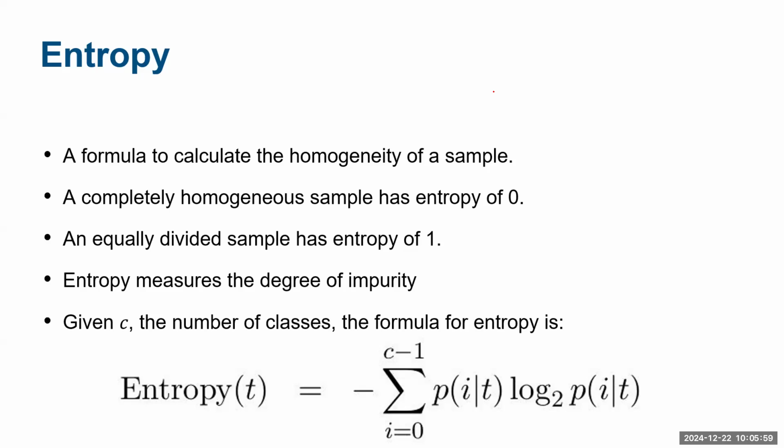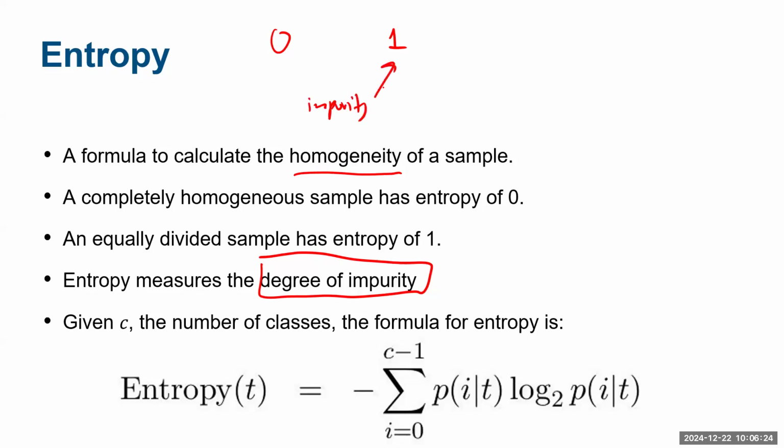The entropy is a measure of the homogeneity of a sample, and it measures the degree of impurity. So you have a number between 0 and 1. An impurity of 1 would be very bad, it has a high impurity, and if it's 0, it is very good.